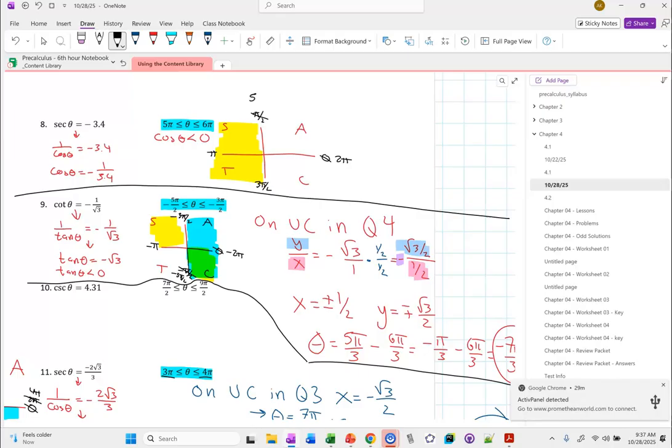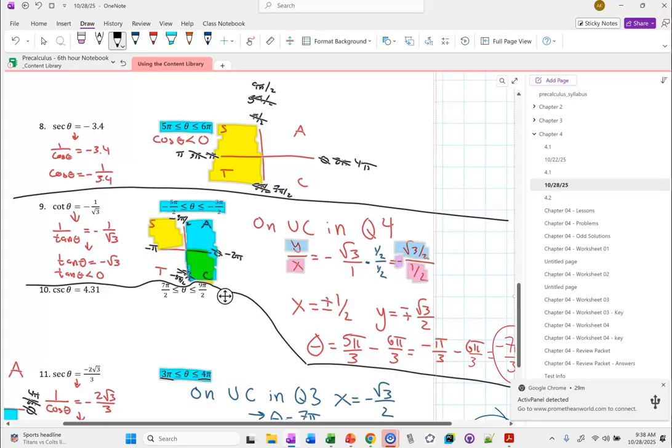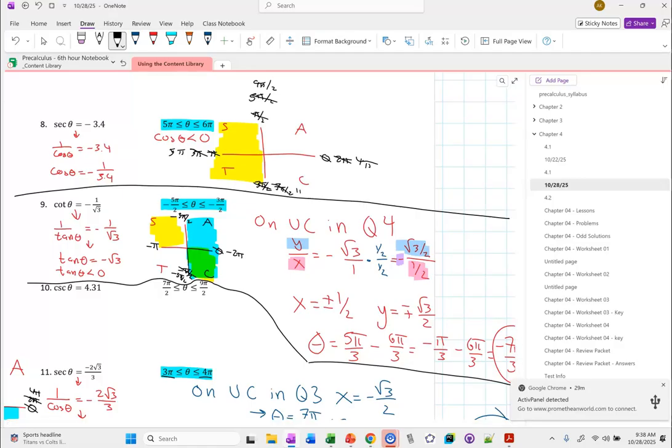And I just count around just like I did before. Just got a lot of counting to do this time. There's 5 pi, there's the start. And there's 6 pi, there's the end, so we covered these 2 quadrants, right?